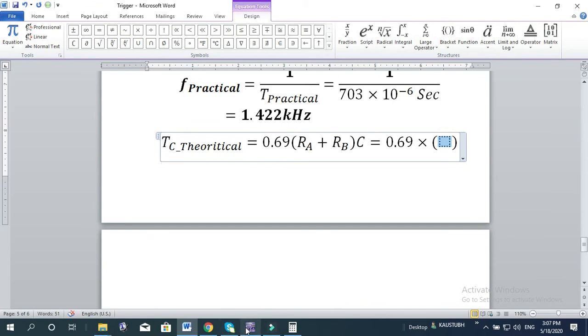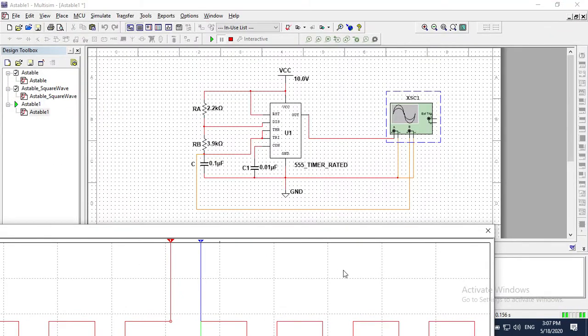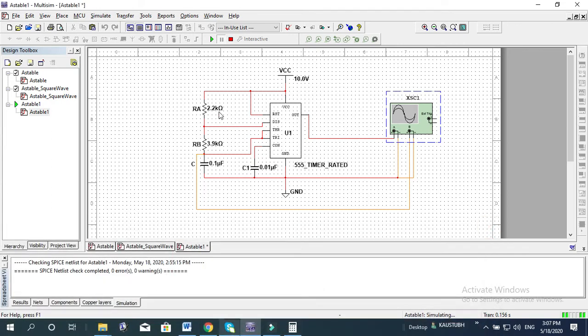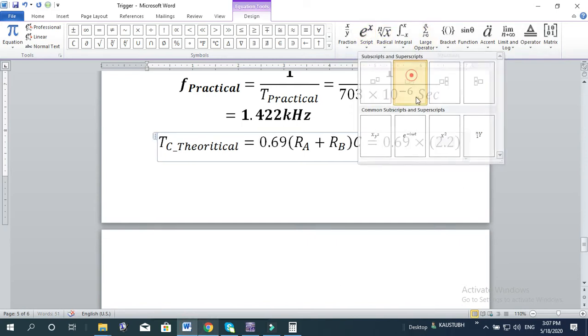So how much have I given for RA? RA is 2.2 kilo ohm.